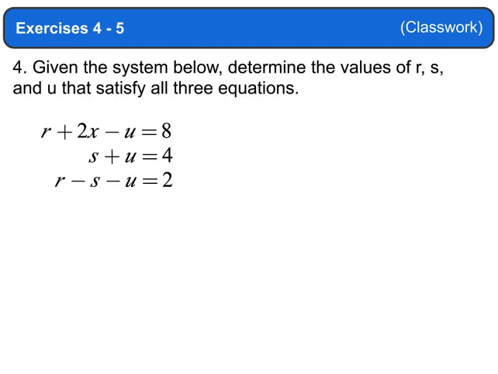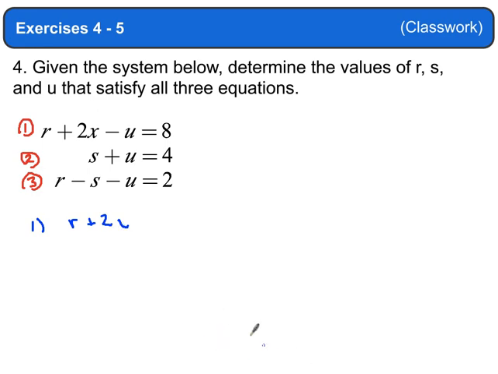If we looked at exercise number 4 and took a look at it, you're going to see that this system is going to solve a little bit simpler. But the process we're going to use is going to stay the same. We're going to label this one number 1, this one number 2, and we're going to label this one number 3. So let's see what happens if we put 1 and 2 together. So equation number 1 is going to say r plus 2x, or actually that's not an x.